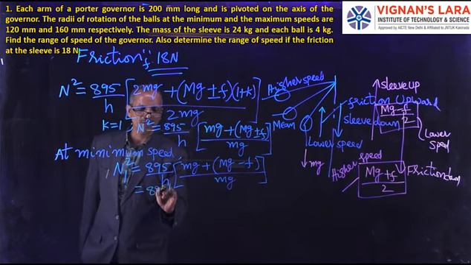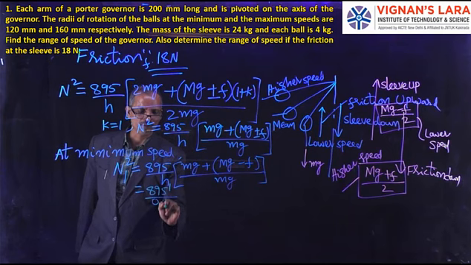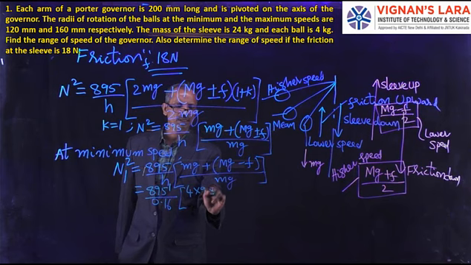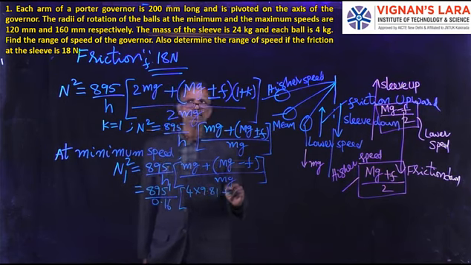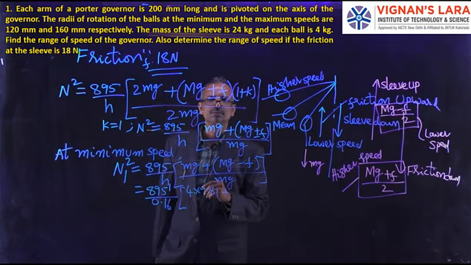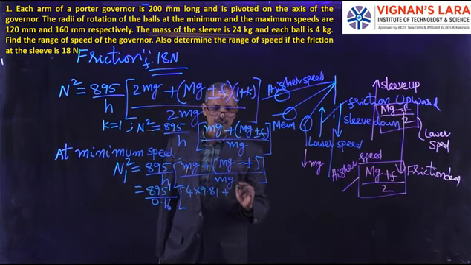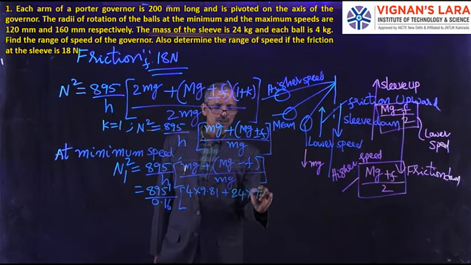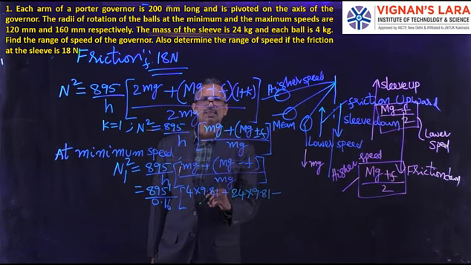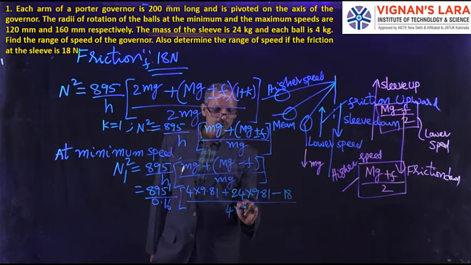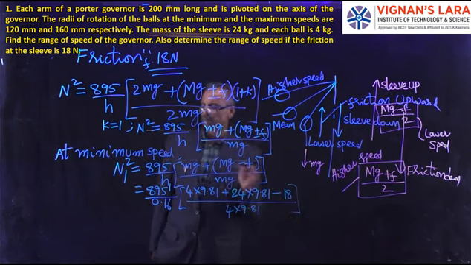So 895 by 0.16 into (small m 4 into 9.81, capital M 24 into 9.81 minus the friction 18) by 4 into 9.81.